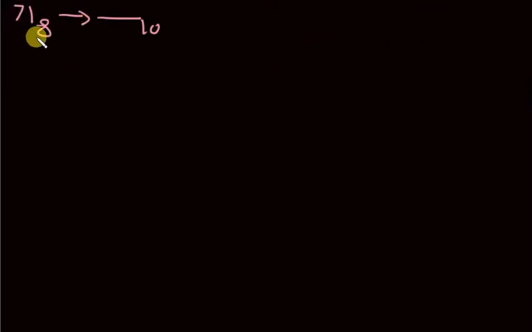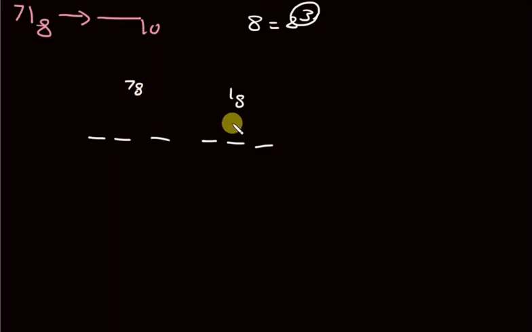So 71 in octal, as we said, 8 is equal to 2 to the power of 3, so that means we have 3 places for each one of these digits. So for 71 we have 1, 2, 3, this is 1, and then 1, 2, 3, this is 7, which is base 8.